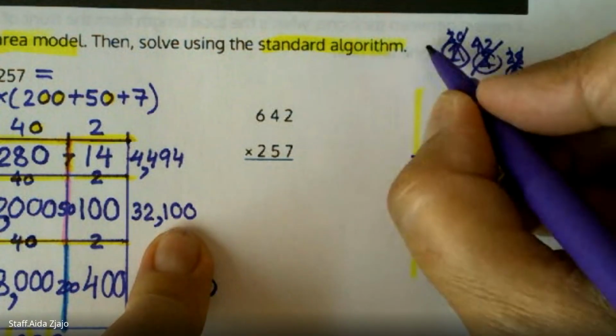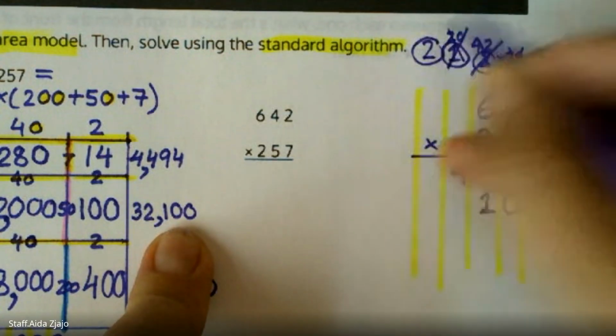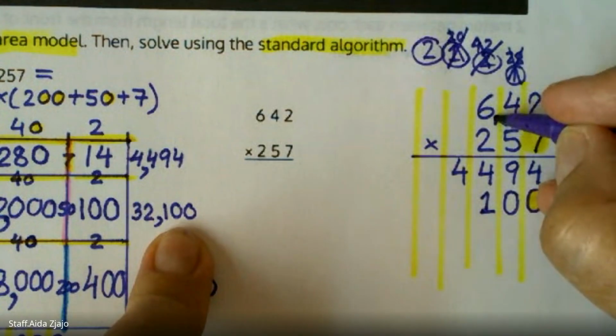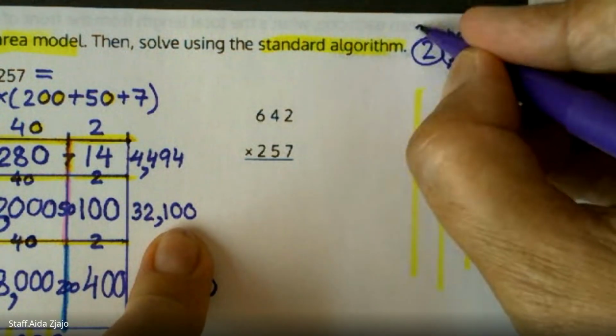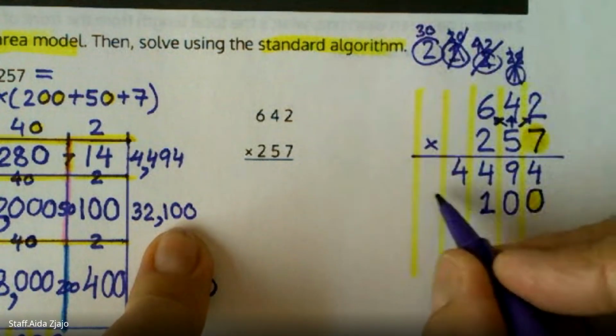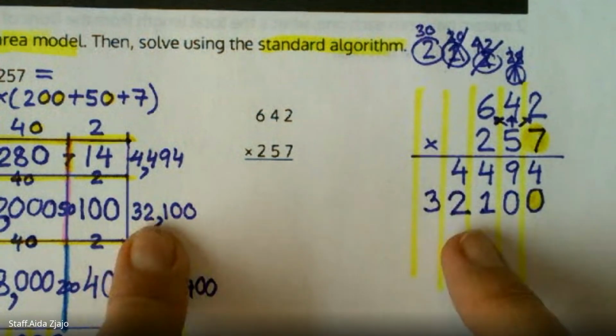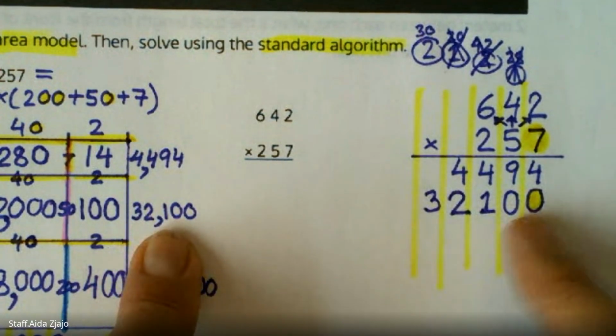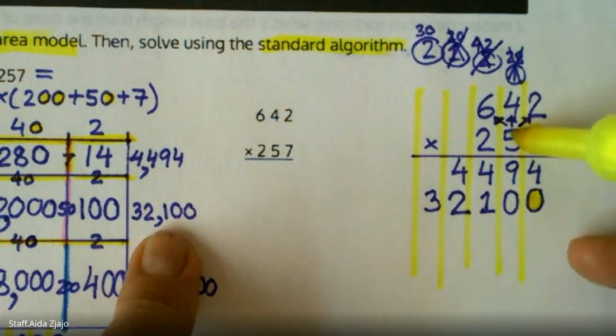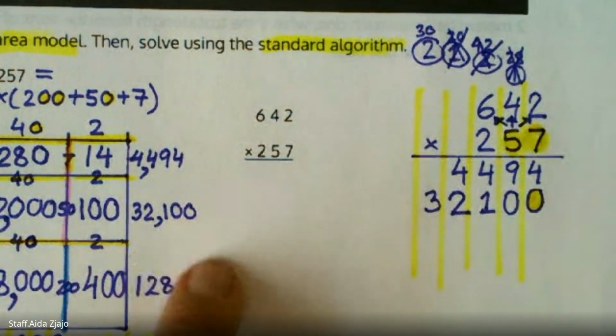I remember 2. Okay, now 5 times 6 is 30, plus 2 is 32, and that's it. 32,100. I did 5 tens now. So look, I did once and I have a 0 there.